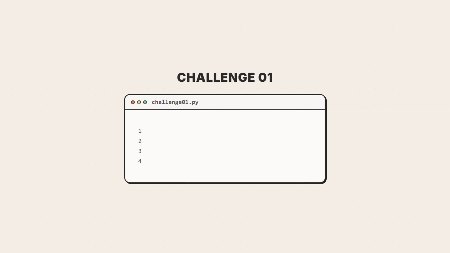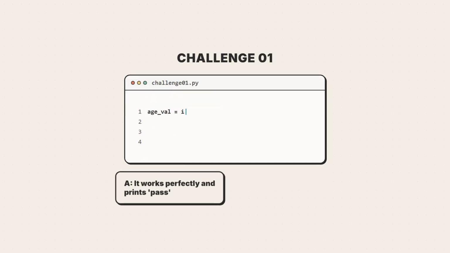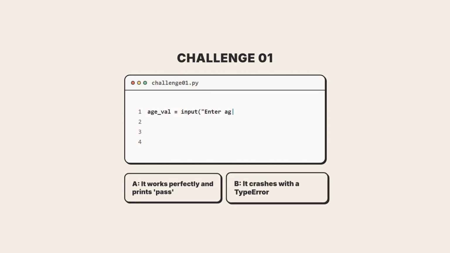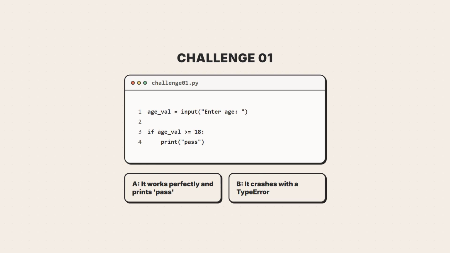Now, let's test your troubleshooting skills with 3 quick challenges. Look at this first code snippet: age val equals input, Enter age. If age val is greater than or equal to 18, print pass. If we run this, what will happen? Option A, it works perfectly.